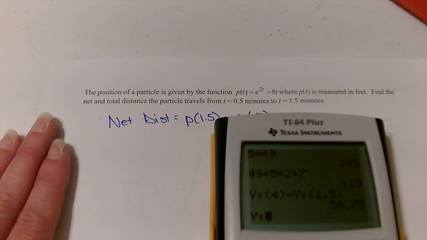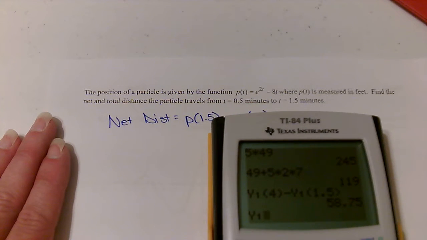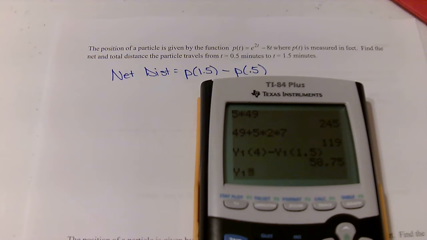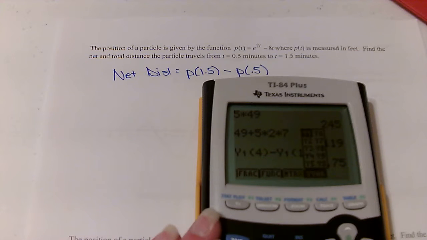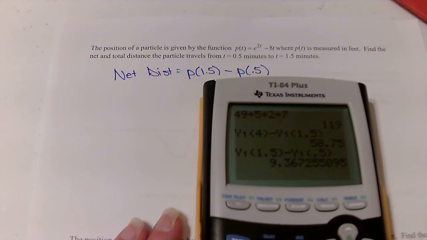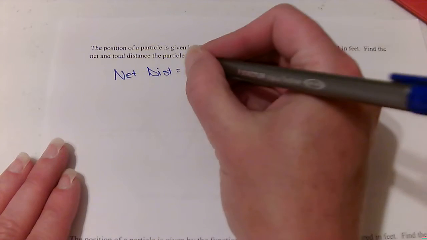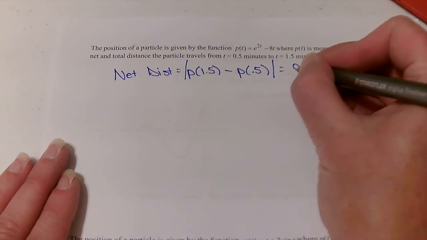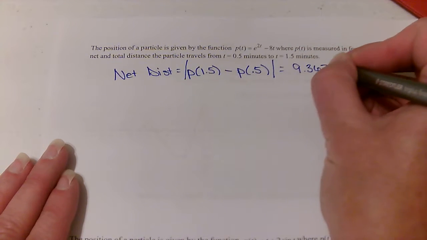So I'm going to evaluate it at 1.5 minus evaluated at 0.5, and I get 9.367 feet.